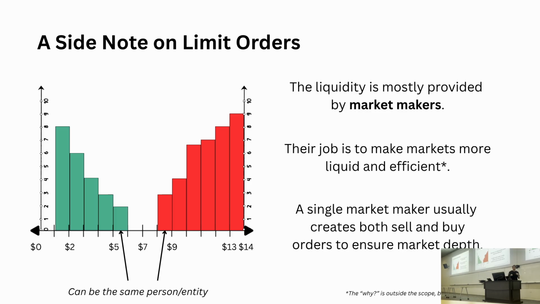And the second way, some of the exchanges might actually go ahead and pay them money to do that, because exchanges are incentivized to have deeper markets. So whoever quoted at $5 and at $9, or let's say at 8, might be the same person, or the same entity.